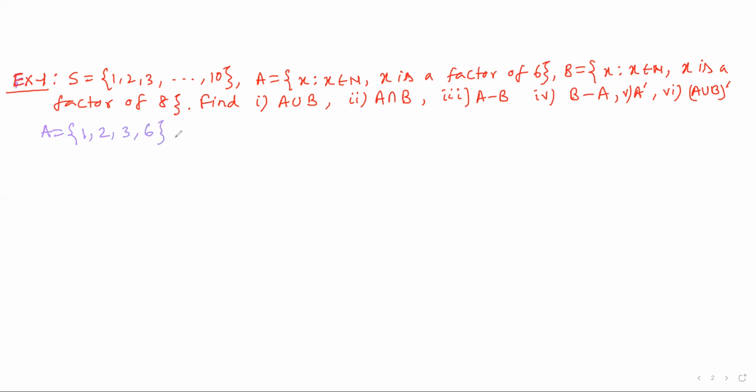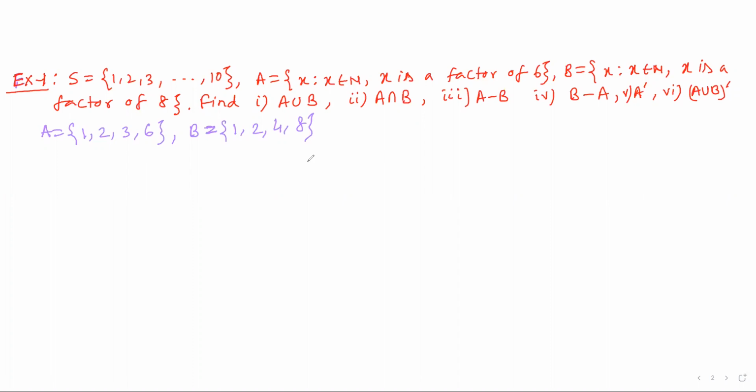These are the elements of set A. Now set B contains all natural numbers which are factors of 8. The factors of 8 are 1, 2, then 4, then 8. So these are the factors of 8.